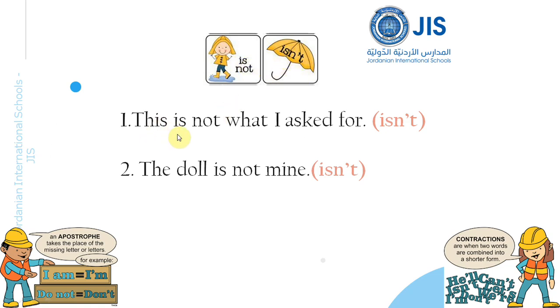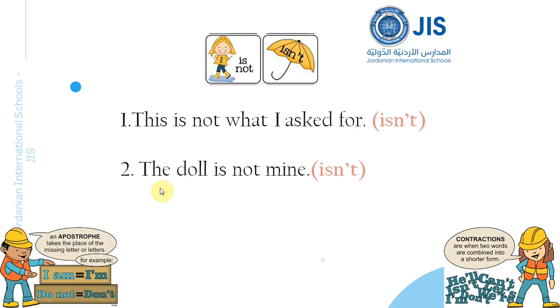Let's see the two sentences that I made for you. Number 1, this is not what I asked for. So if I want to join these words together and make them one family, I use this word, of course, after I remove the O and replace it with an apostrophe, so it becomes this isn't what I asked for.